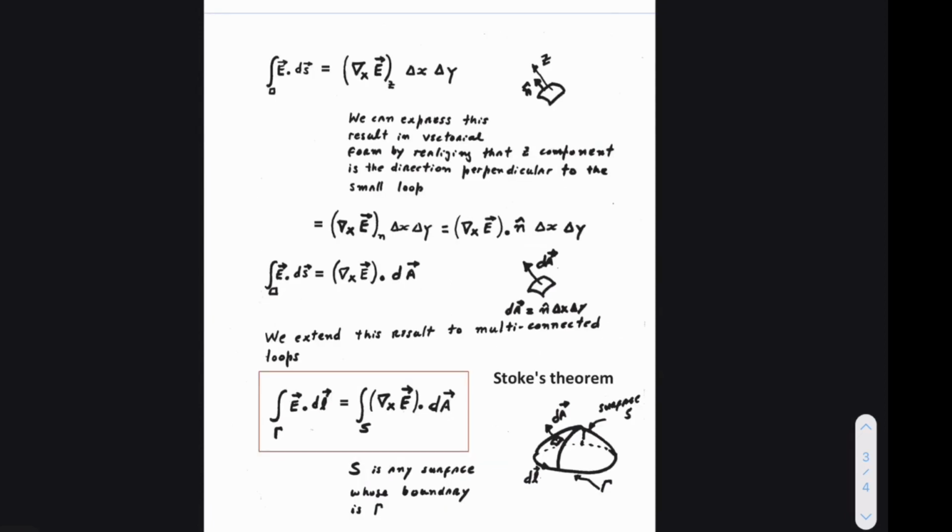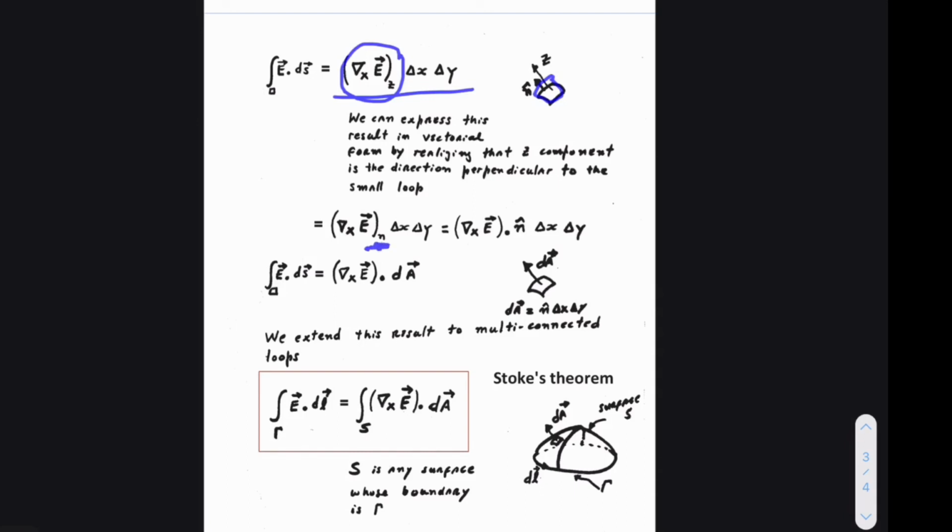Now, if you want to write this in a coordinate independent way, then it will be the component of the curl of vector field E perpendicular to this surface area. So let us denote that direction with n.